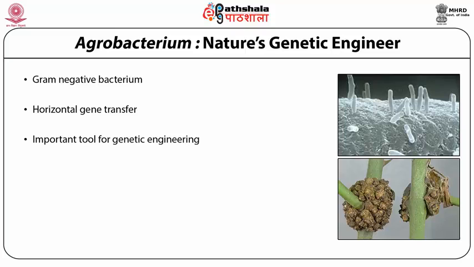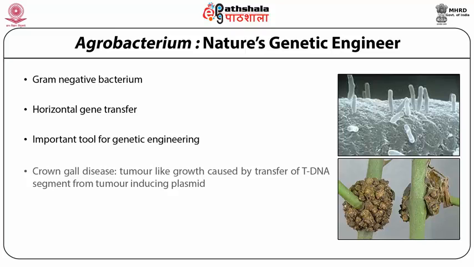This Agrobacterium tumefaciens, after transferring tDNA, the bacterial portion of the plasmid DNA, this tDNA produces different types of hormones and creates irregular growth, cell division leading to cancerous growth, which are known as galls or crown gall in dicotyledonous plants.